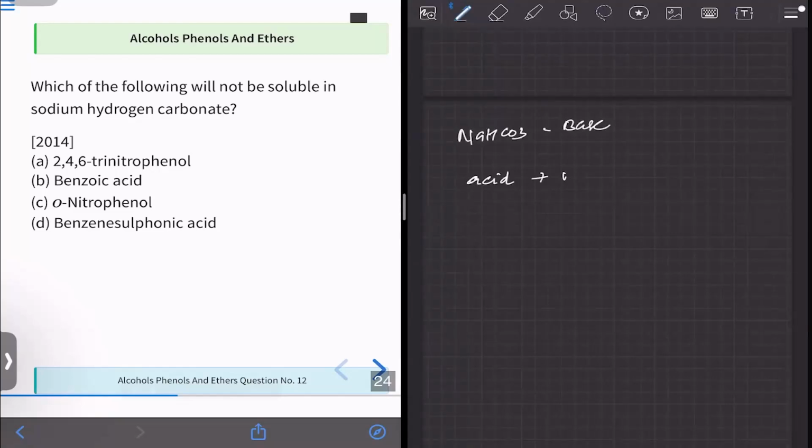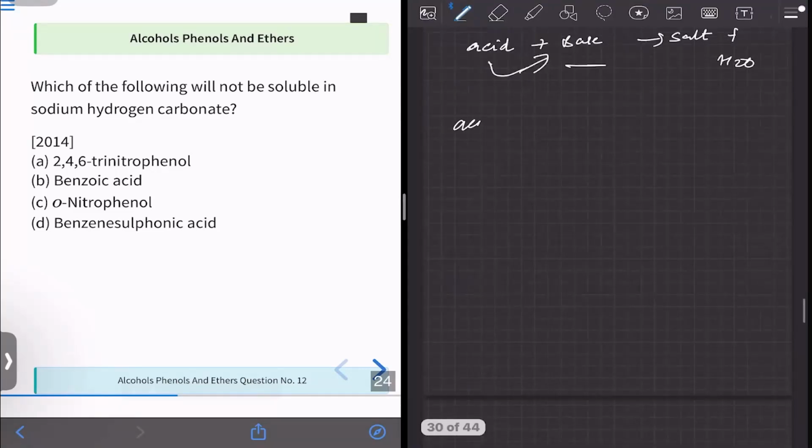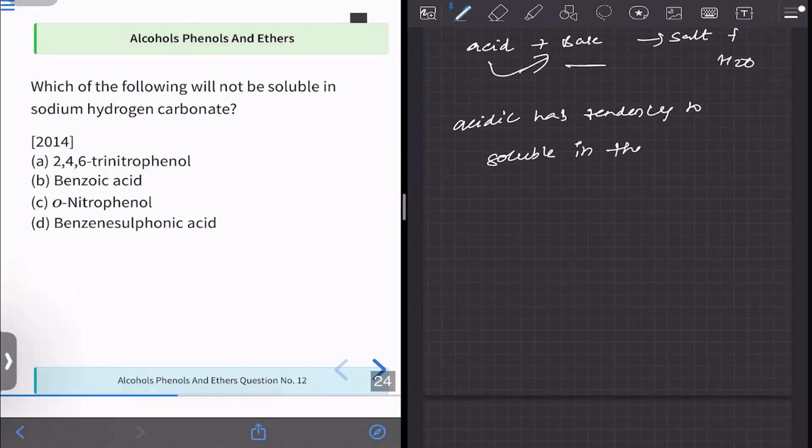Whenever acid reacts with base, it produces salt plus water. So acid can be soluble in base. How can we tell in these options? The more acidic compound has the tendency to be soluble in this sodium bicarbonate.